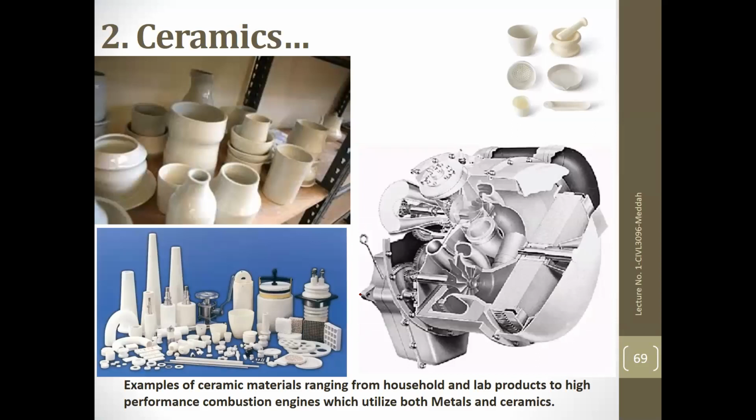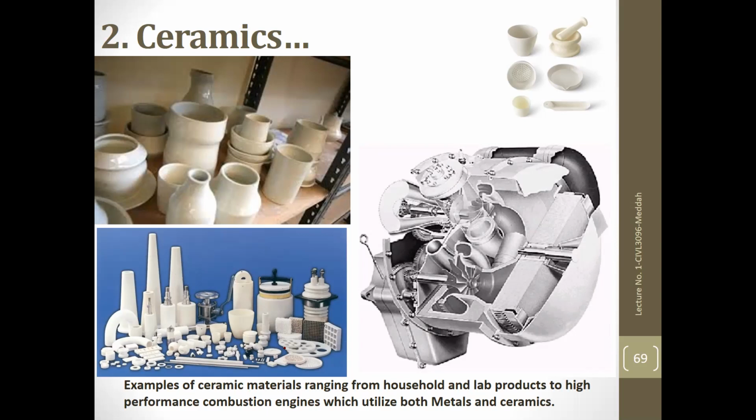And the use of ceramic materials is not only for domestic use. You can see here there are many other uses. From pottery, to even the engine of cars and other equipment, now we are introducing some small parts that could be manufactured using ceramic materials rather than metals.